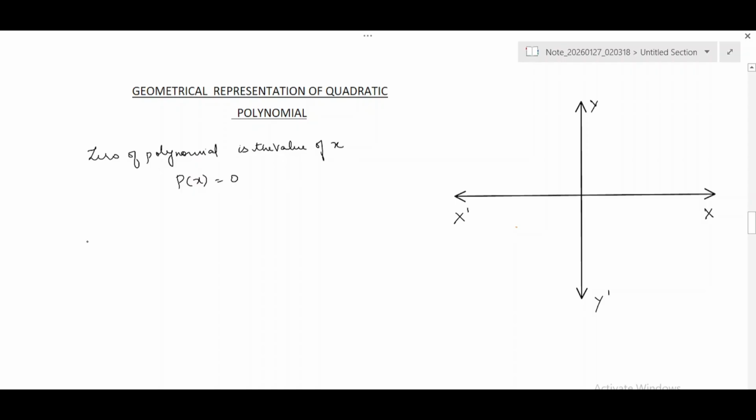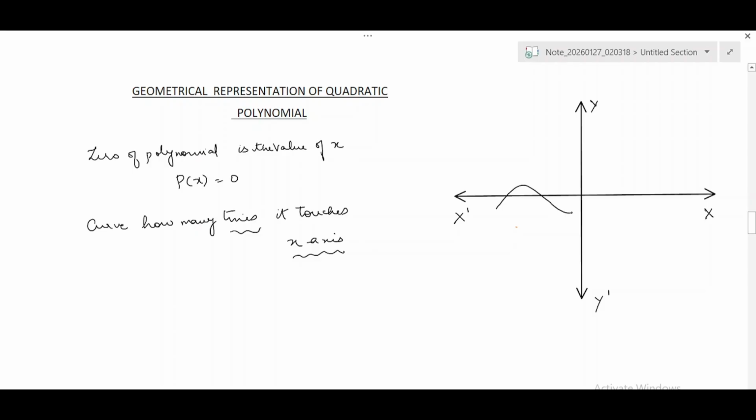So the main criteria is how many times the curve touches the x-axis. This is the main criteria. If it does not touch the x-axis, then there are no zeros. Let's see an example.